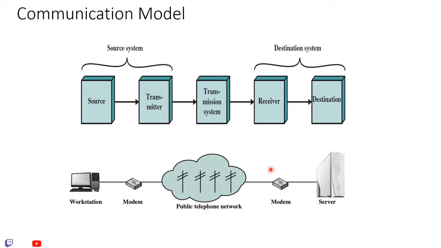Here also there is a modem. The modem stands for modulator demodulator. It converts the electric signals to network signals and network signals to electric signals, and it gets received by the server.